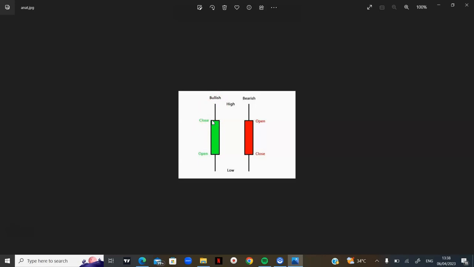So if the opening price is lower than the closing price, it means the price moved upward. So now in a 1 hour chart, let's say this price opened at 1 p.m. and moved to it and closed here at 2 p.m. or 1:59. So that is the movement of the price in 1 hour represented by a candle.